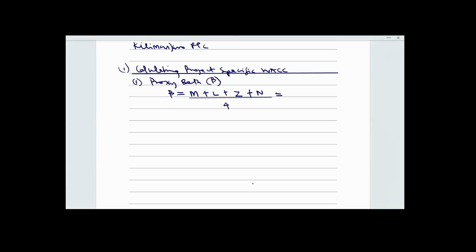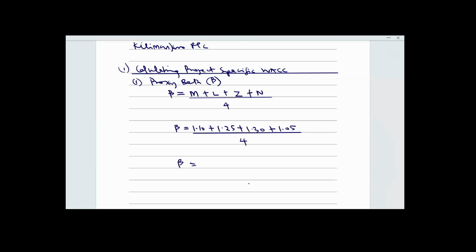So beta equals 1.10 plus equity beta of Limpopo 1.25 plus equity beta of Zambezi 1.30, then Nile is 1.05, divided by 4.